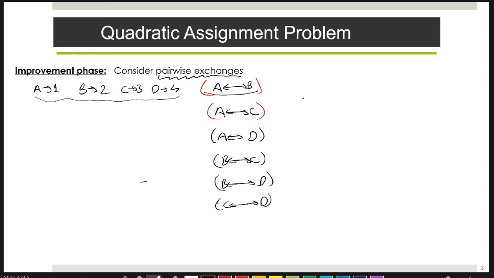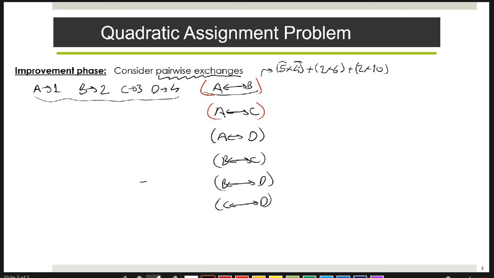I will not go into these details, but if you want to check, do it as a practice by yourself, and it should be something like this. 5 times 4 plus 2 times 6, okay, 2 times 10. You need to be careful, and okay, this is the flow bit from A to B multiplied by the distance from now 2 to 1, because we replaced the locations of A and B.